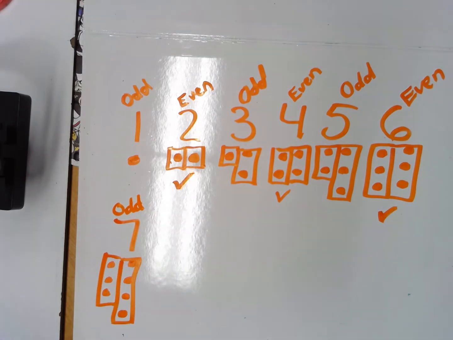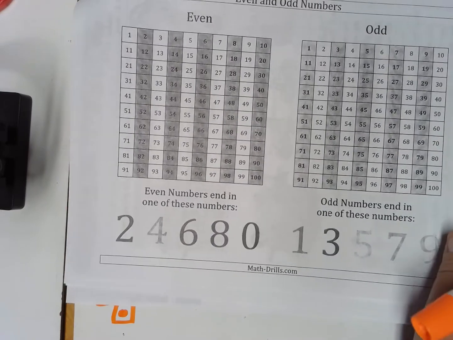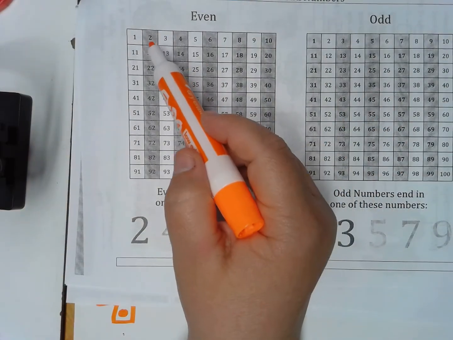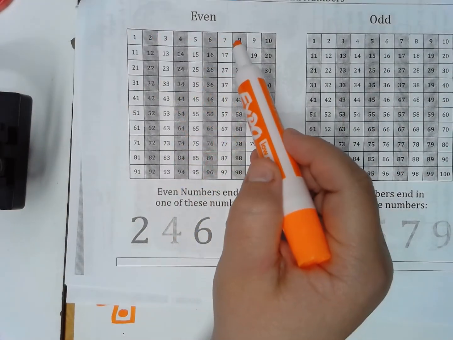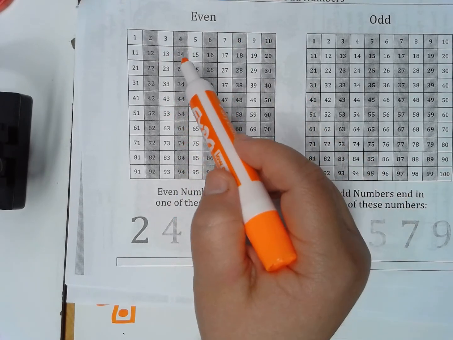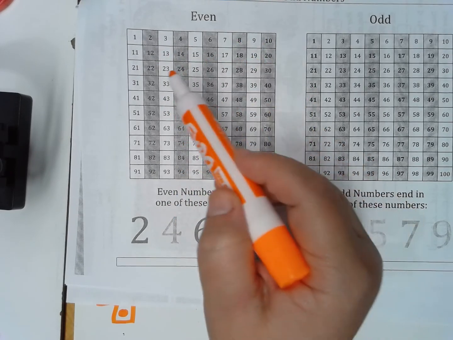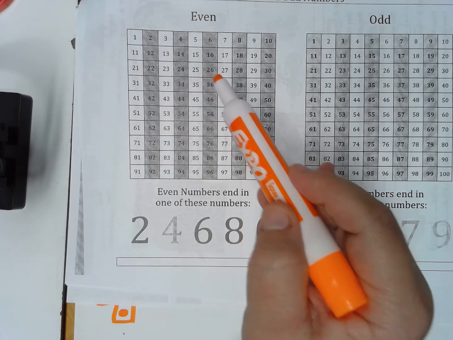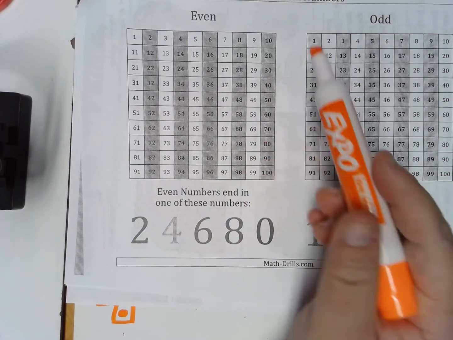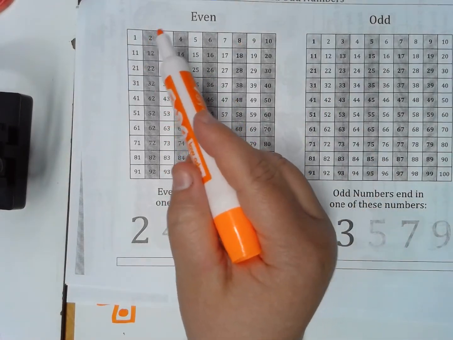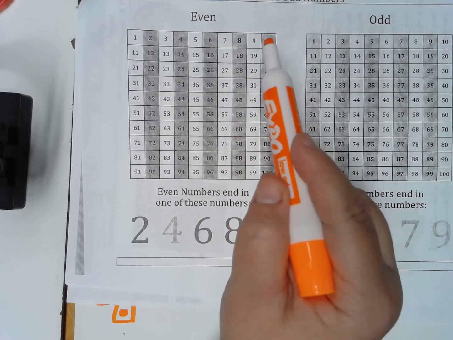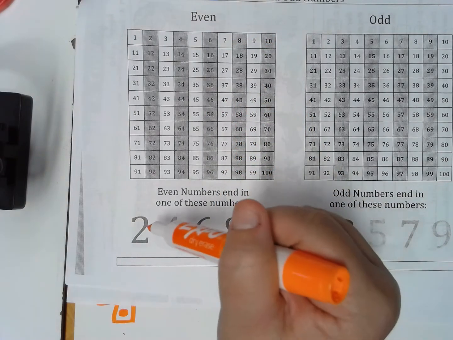When you look at this chart, it says even numbers are 2, 4, 6, 8, 10, 12, 14, 16, 18, 20, 22, 24, 26, and it keeps on going. Any number with 2, 4, 6, 8, or a 0, those numbers are even.